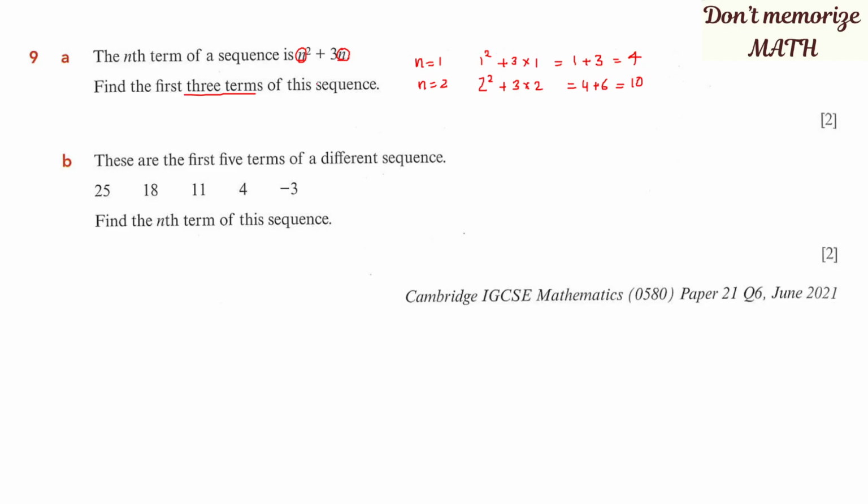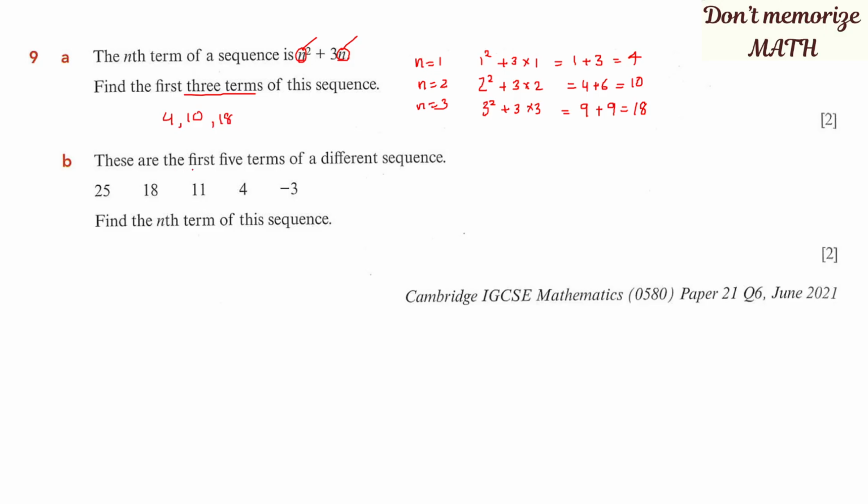Third term is n equal to 3. Replace n by 3. So 3 squared plus 3 times 3. 3 squared is 9, plus 3 times 3 is 9. So 9 plus 9 is 18. So we got the first three terms of the sequence are 4, 10 and 18.